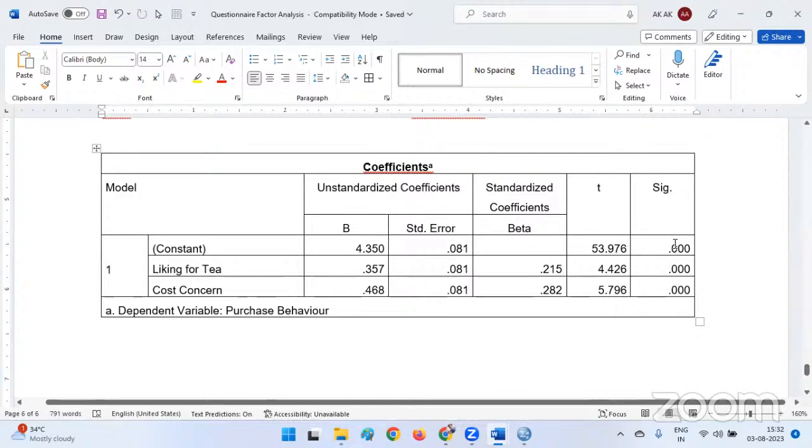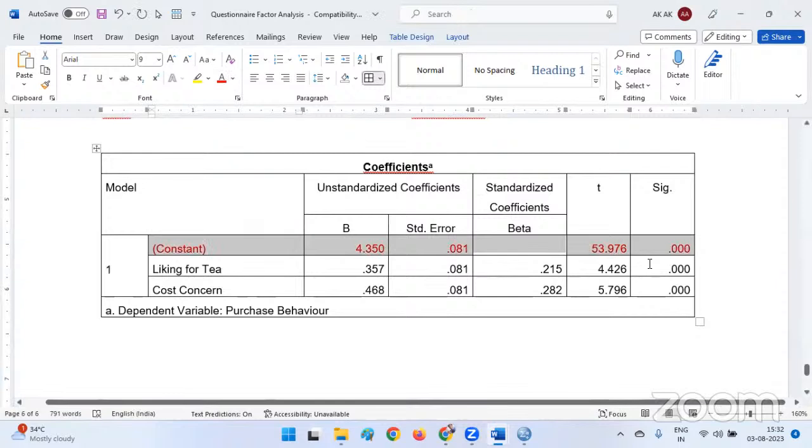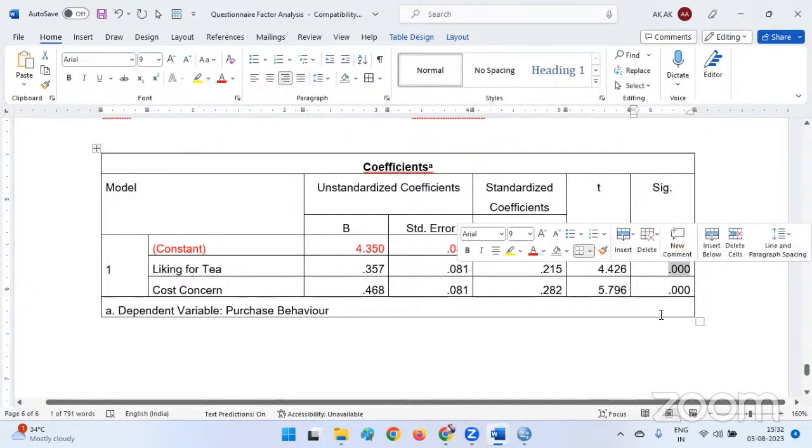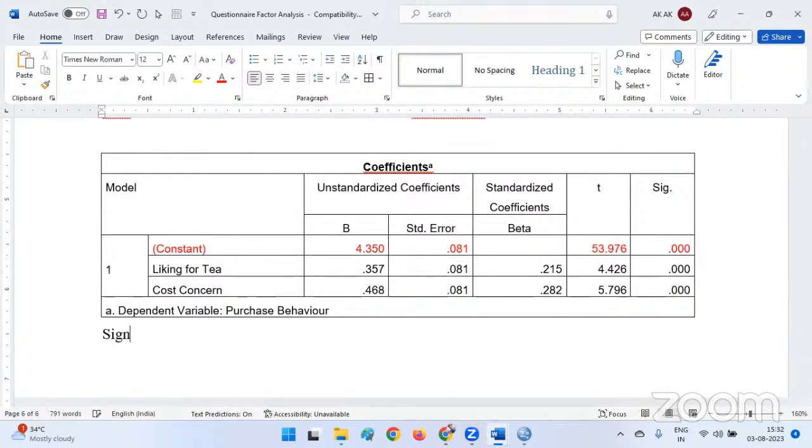Forget each and everything and come to the significance. This first is the intercept. The intercept should be significant. It is there. Liking for T is significant because significant impact means the significance value, the P value, is less than 0.05.